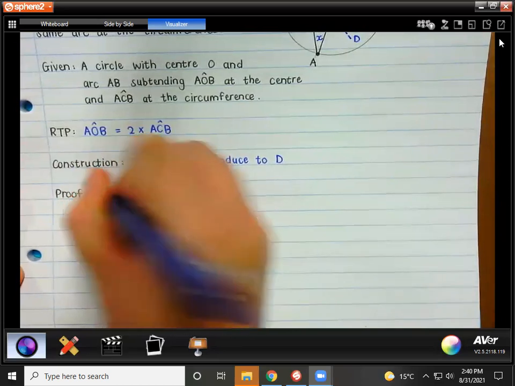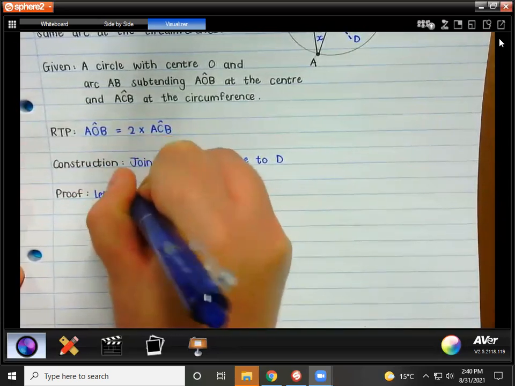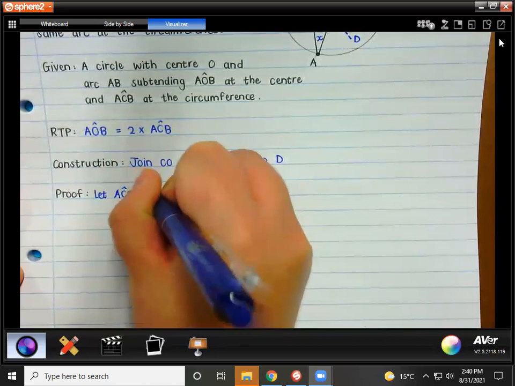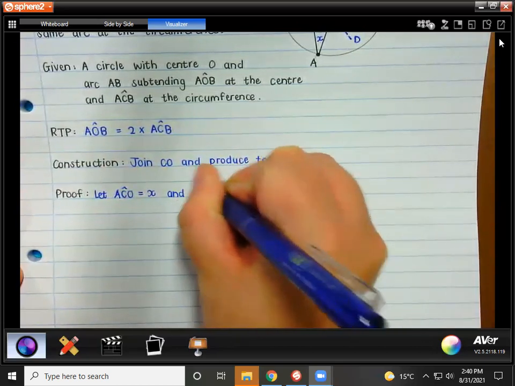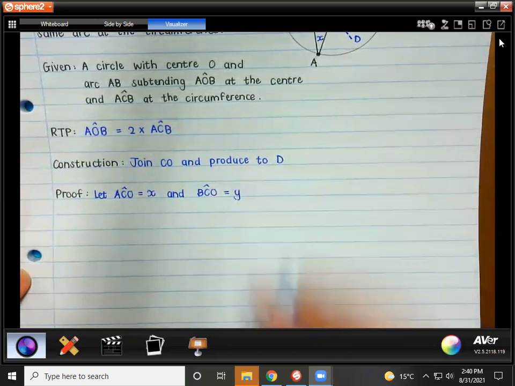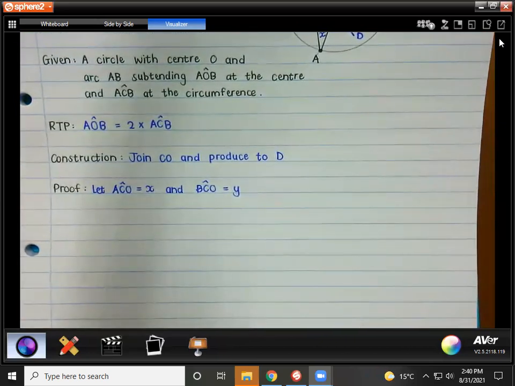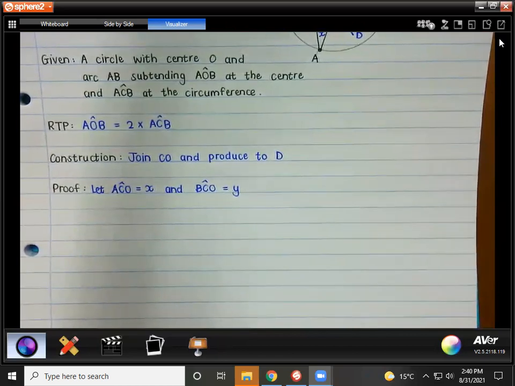We're going to say let ACO equal X and BCO equal Y. That's also something you have to remember for this one. In the previous two proofs, we didn't have to introduce any variables. For this one, we have to introduce variables. It's just easier that way.